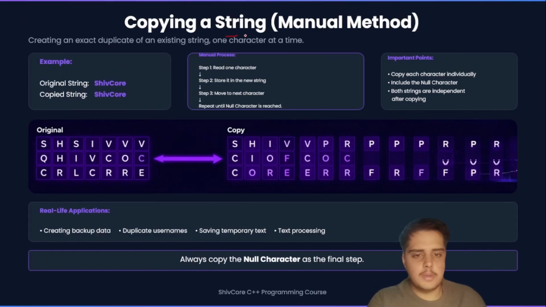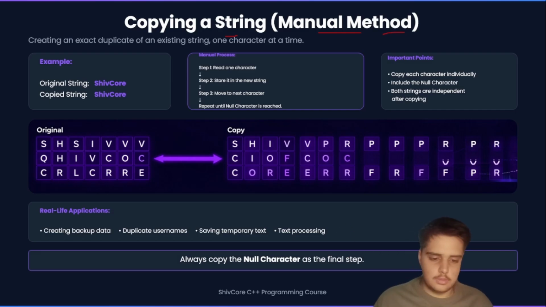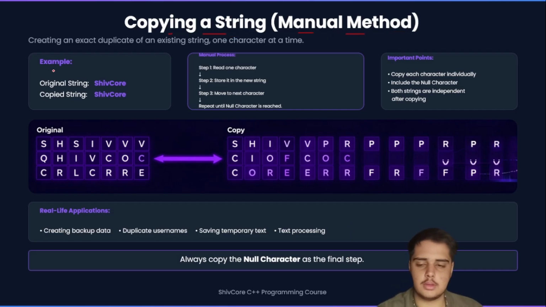So, copying a string by the manual method. This means creating an exact duplicate of an existing string, one character at a time. Example: if the original string is ShivCore, the copied string is also ShivCore, but any changes done in the copied string won't affect the original string.